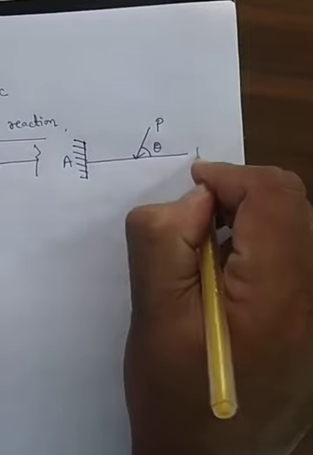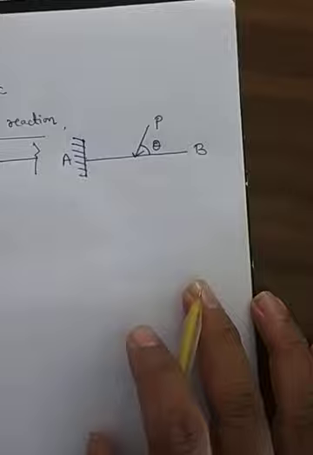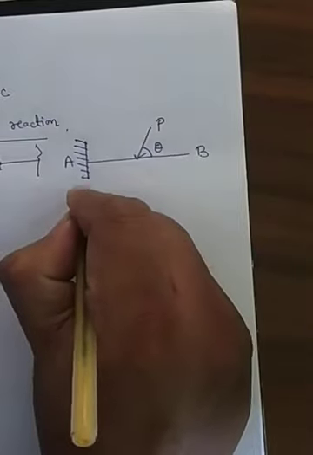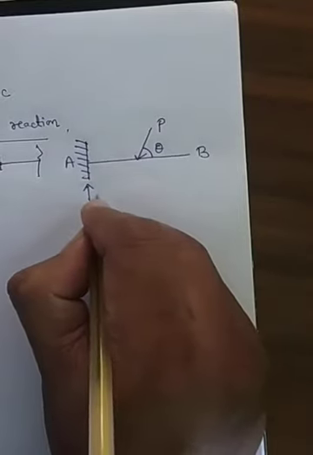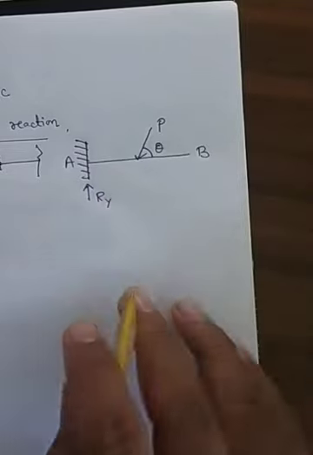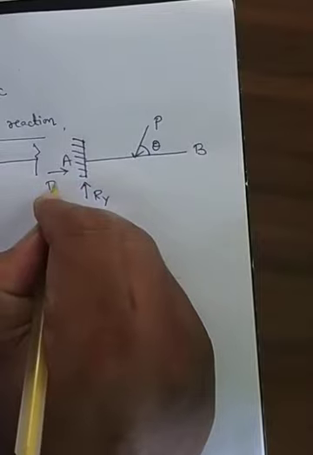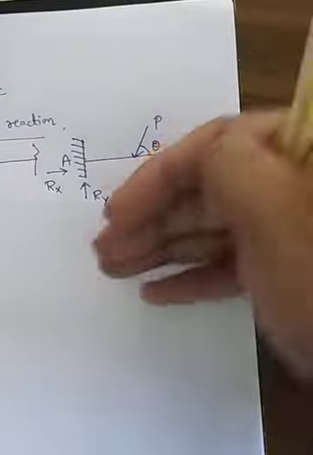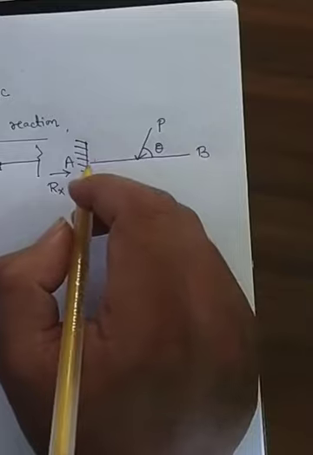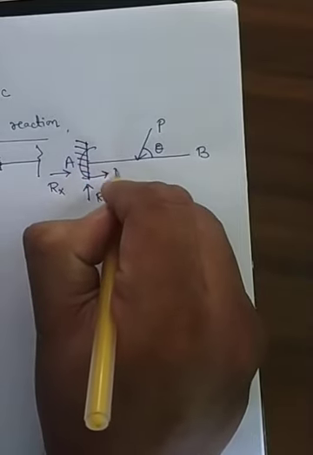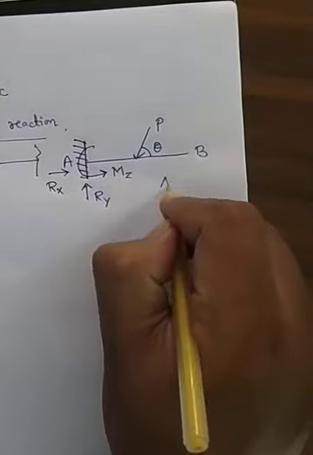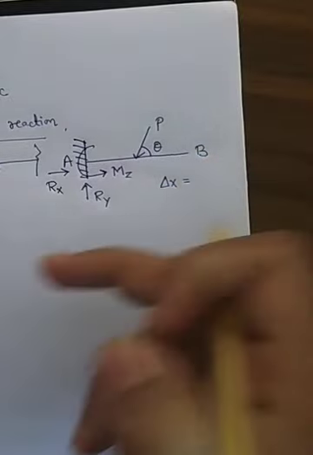This is point A and this is point B. As this load comes in an inclined direction, it will create a vertical reaction force, which I mention as Ry, a horizontal force Rx, and for this angle there will be a moment, Mz.